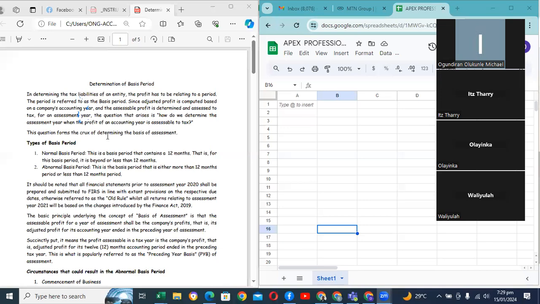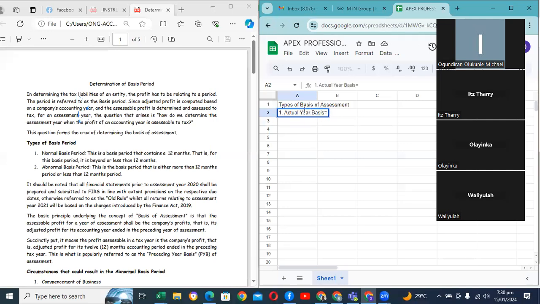Now, one thing we want to notice, we have two types of basis of assessment. Number one is the actual year basis.